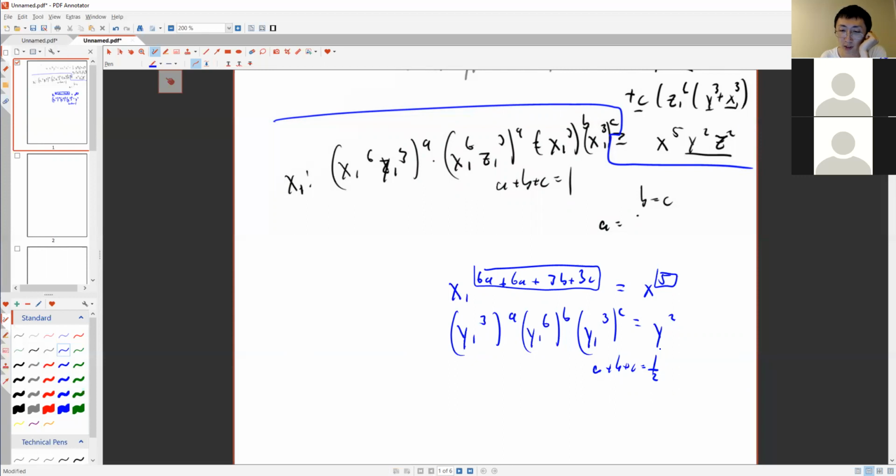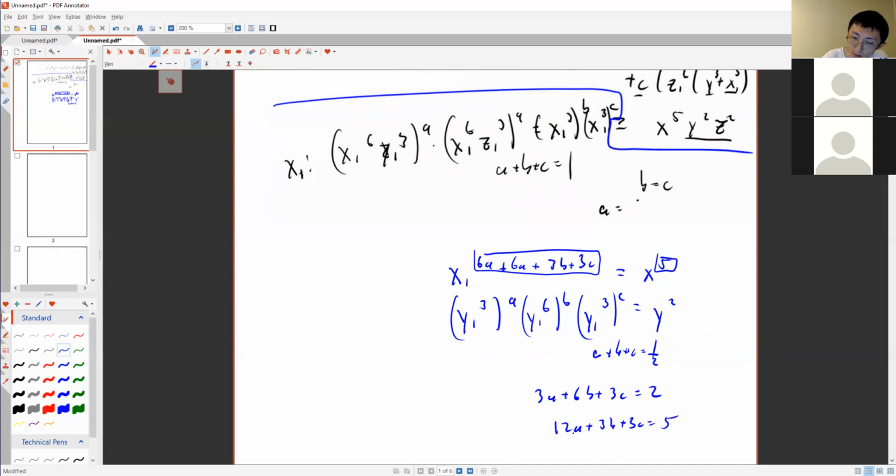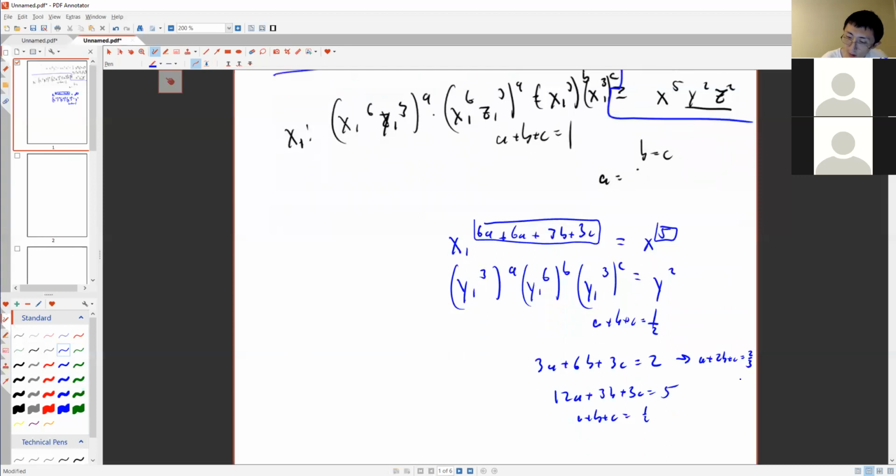So you can always find the weights if you can solve linear equations. Yeah, and it should be doable from here.